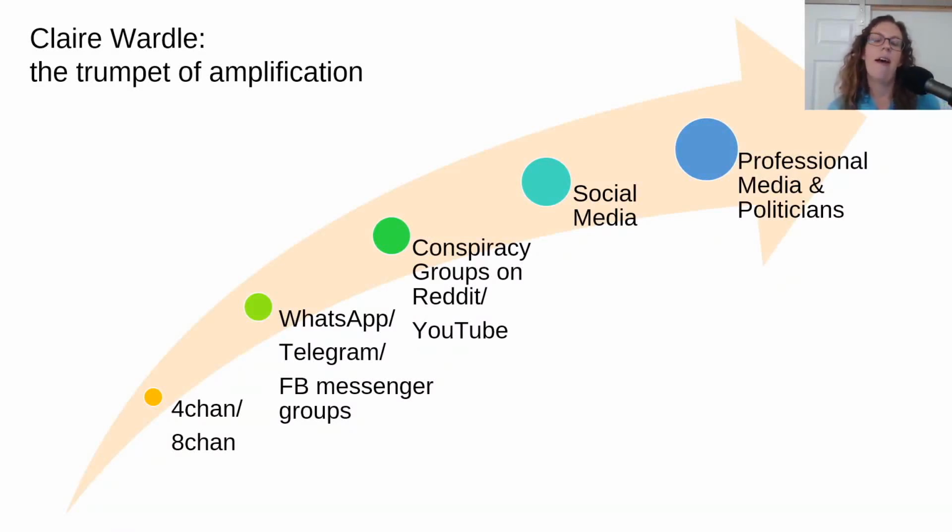This is where rumors or memes can start on 4chan and 8chan and then move to closed messaging groups such as WhatsApp, Telegram, Facebook Messenger, from there to conspiracy communities on Reddit or YouTube, then to more mainstream social media, and then be picked up by the professional media and politicians.